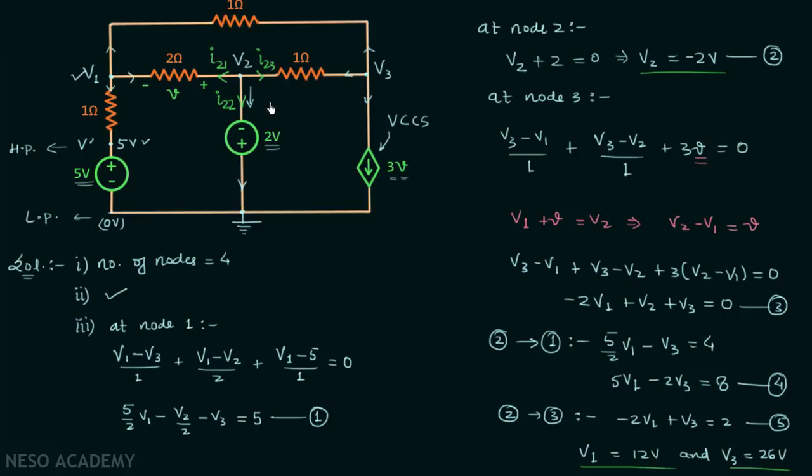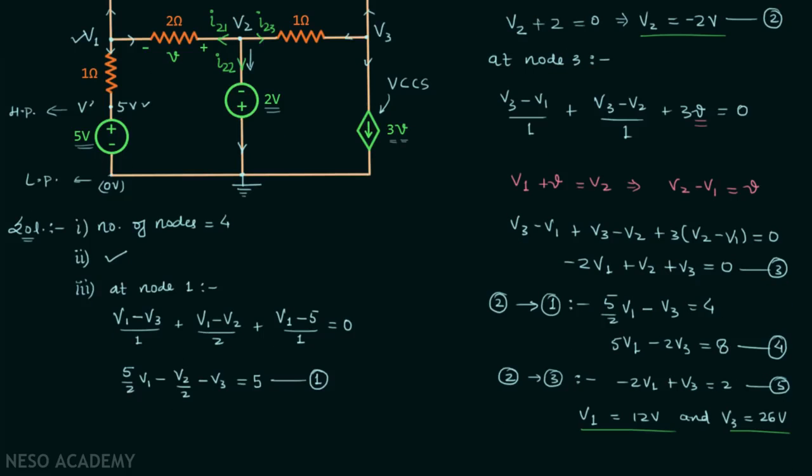So our aim is to find out current I22, and we know the sum of currents I21, I22 and I23 will be equal to 0. So we have I21 plus I22 plus I23 equal to 0. We want I22.